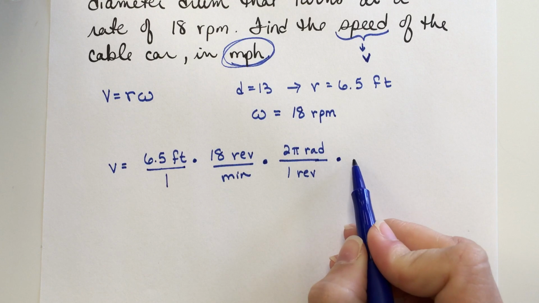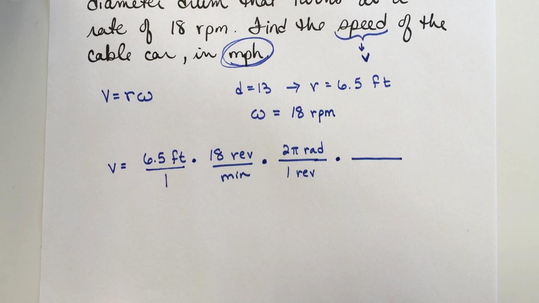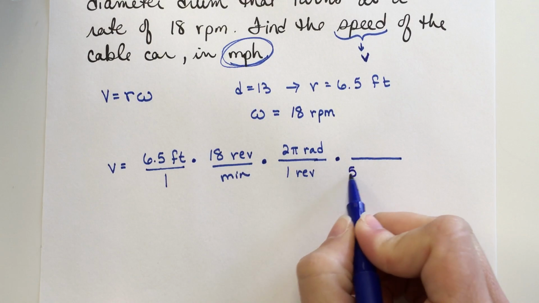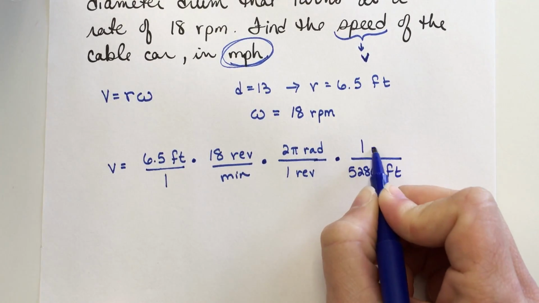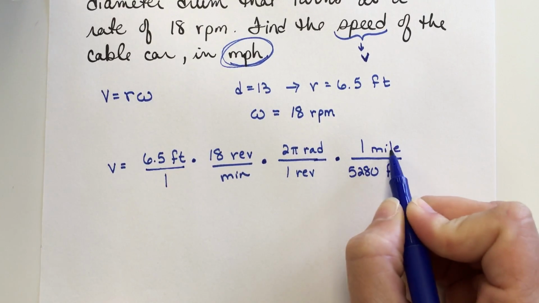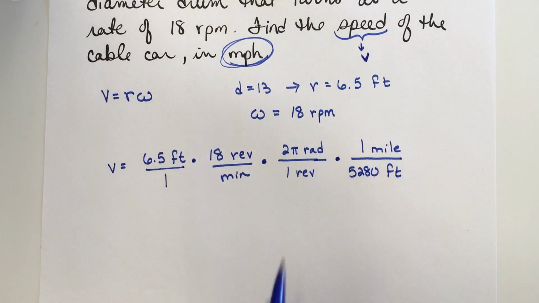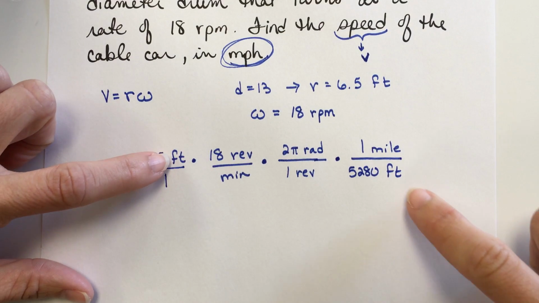Okay, so let's do that first. Knowing how many feet are in a mile, that's 5,280 feet in 1 mile. Now you would want to set it up where the miles is on the top, because you want your answer to have only miles in it, which means you need the feet to cancel.